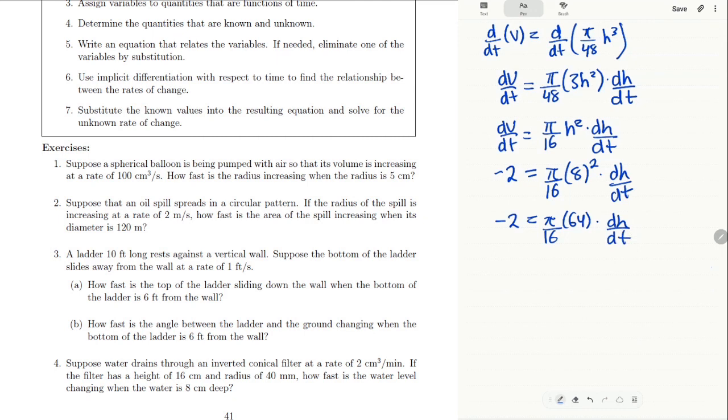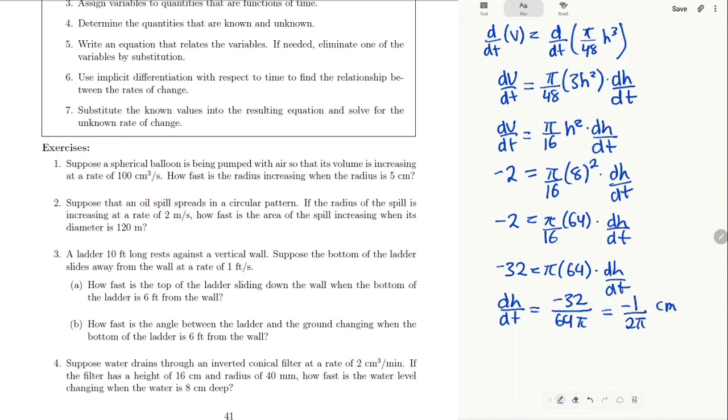And then solving for dh over dt, we have -32 is equal to pi times 64 dh over dt. So dh over dt is -32 over 64 pi, which is -1 over 2 pi.